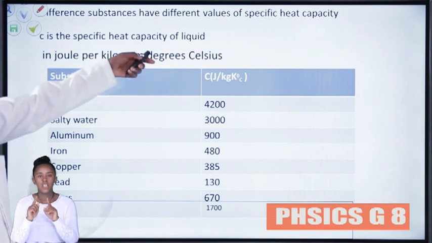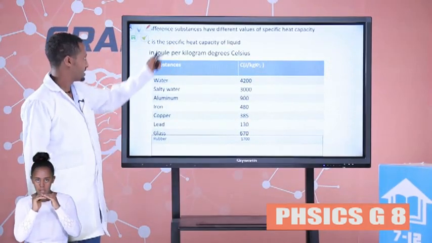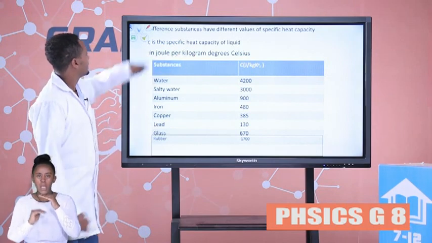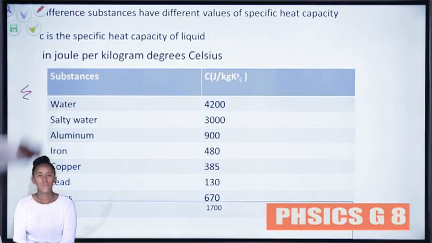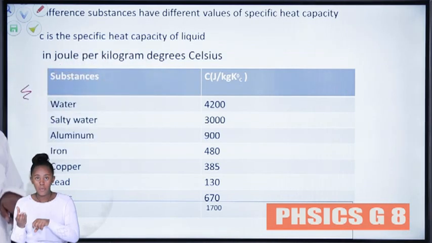Different substances have different values of specific heat capacity. C is the specific heat capacity in joule per kilogram degree Celsius.